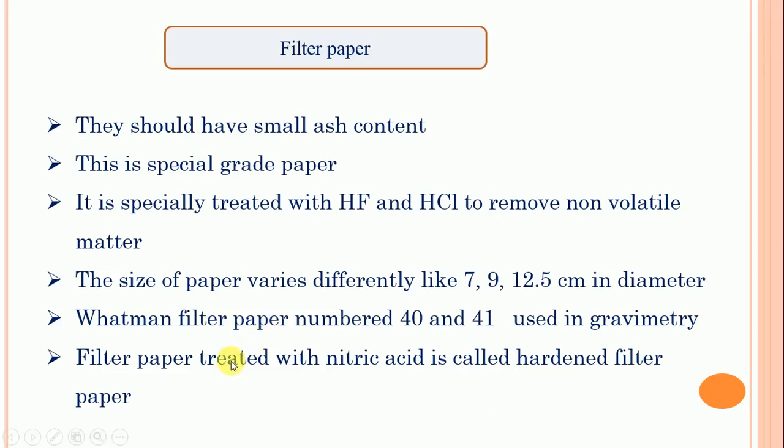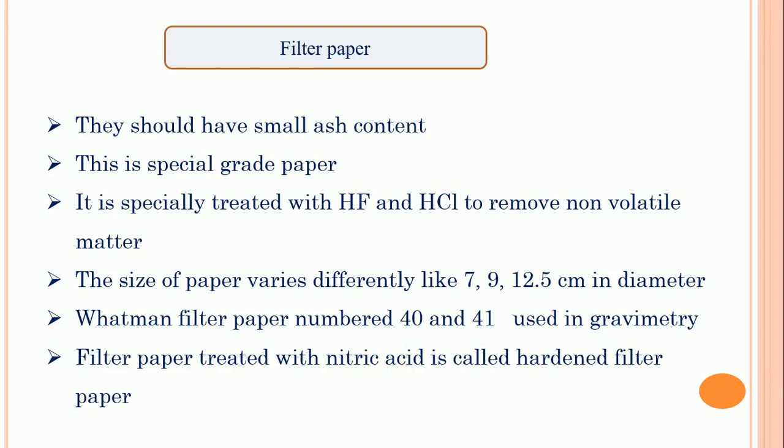Some filter papers are treated with nitric acid, and these are called hardened filter papers. When the filter paper is treated with such types of acid, it is called hardened filter paper.